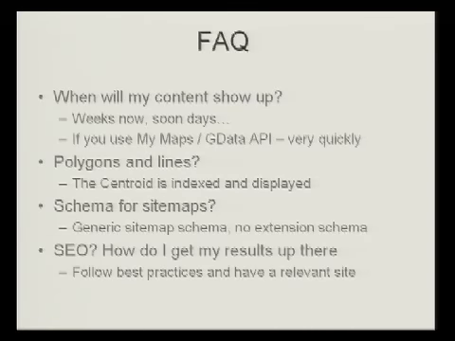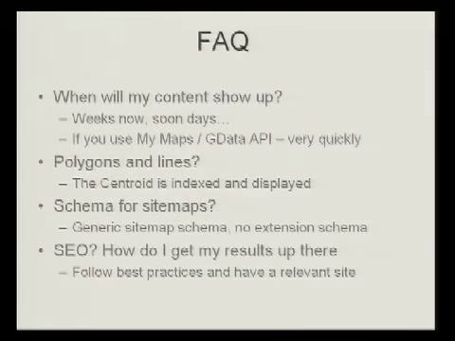Polygons and lines are indexed by the centroid, and that's what's displayed. There's no schema for the new geo sitemaps because that's just the way sitemaps.org is currently structured. It's a question that comes up a lot. If you want to make sure that your results show up, it's very similar to web search. Follow the standard best practices and have very relevant content.